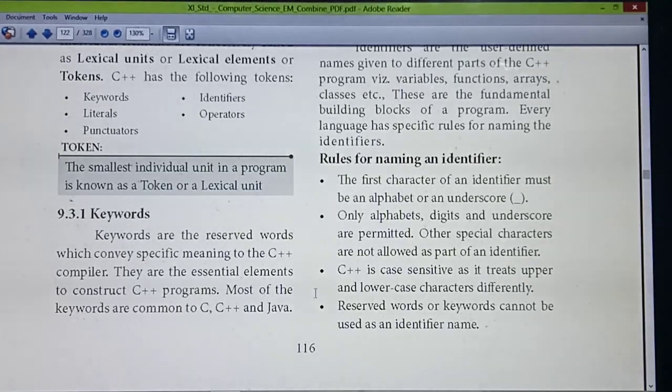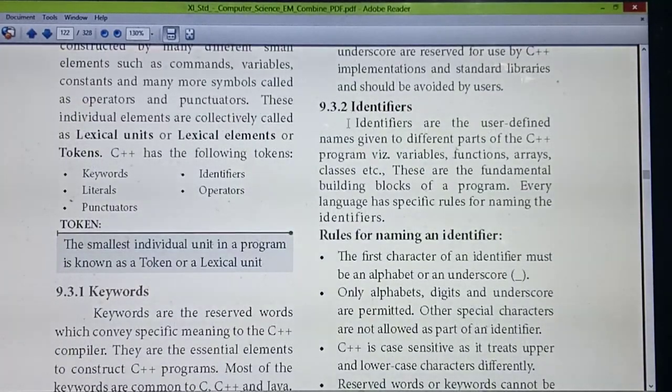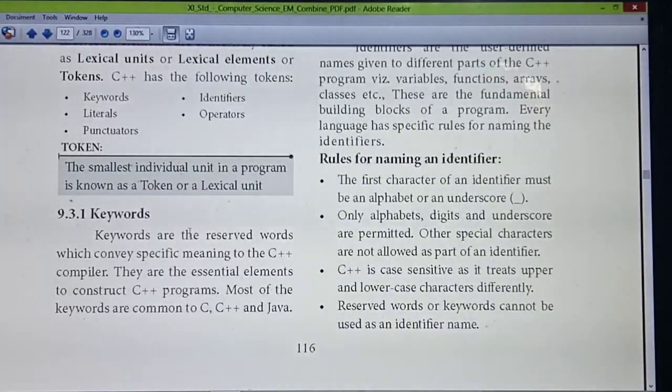Then identifiers, the same page, starting from here: identifiers are user names, till this block of program. Understand?